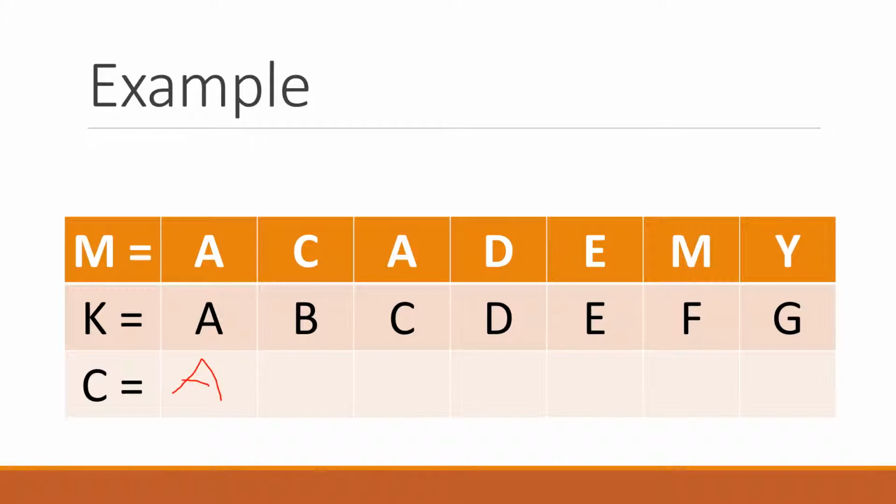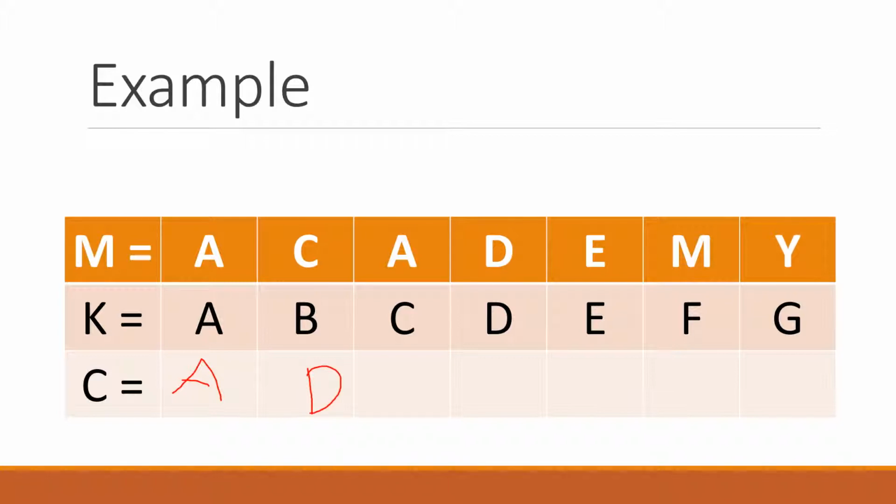So that'll keep us at A. And then the second letter in M is C, and the corresponding key value is B. As we saw with the keys, B corresponds to 1, so we're going to shift C by 1. So that's going to give us the value of D.